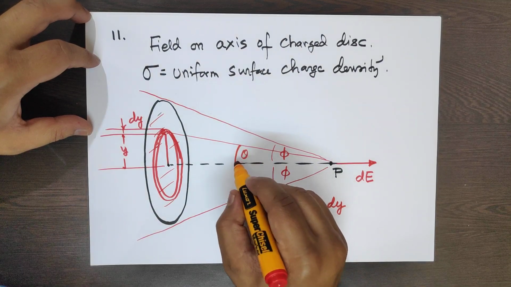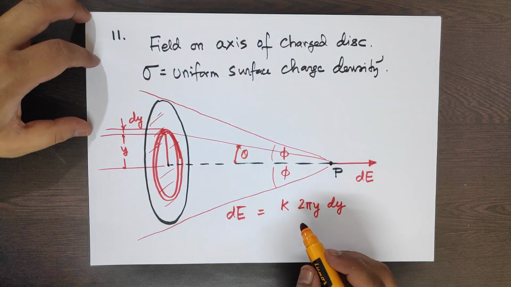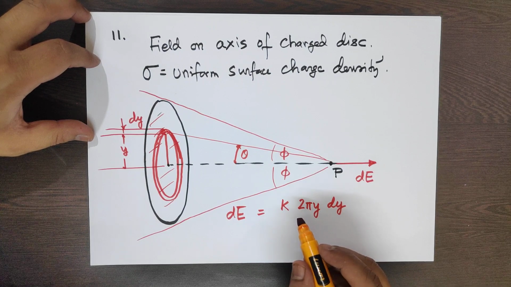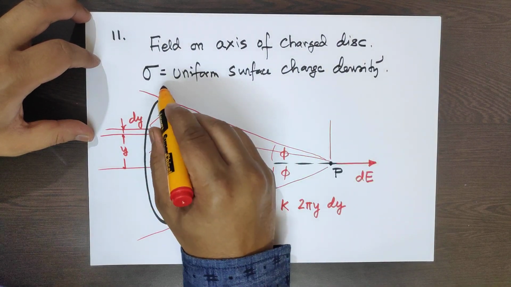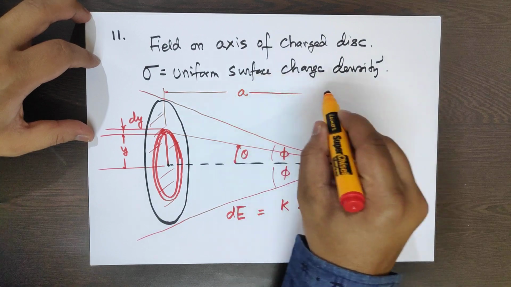Let's take this angle as theta. This distance will be constant, suppose this distance is a.